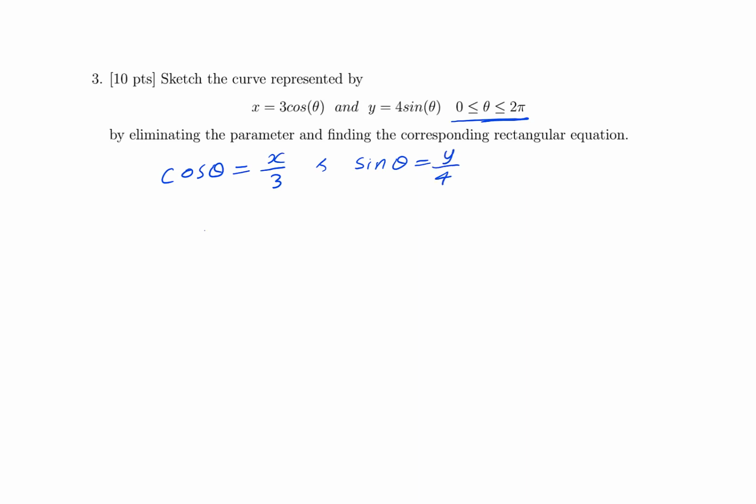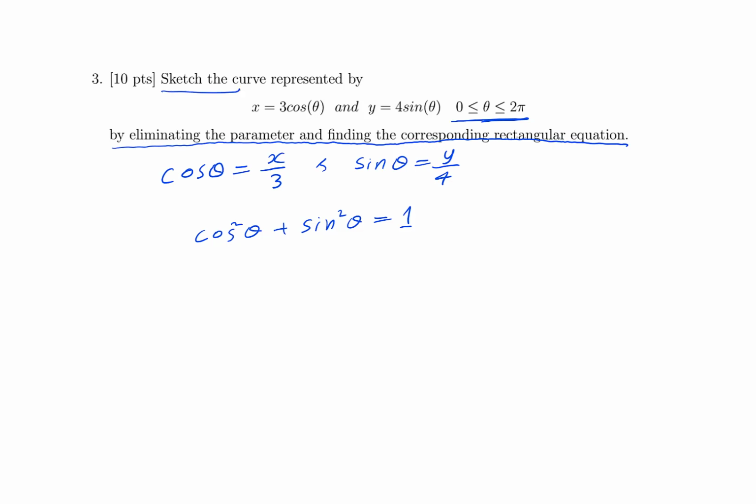So now we know cosine squared theta plus sine squared theta equals 1. We know it. But what do we need to do? By eliminating the parameter and finding the corresponding rectangular equation. Yes, we need to sketch this.